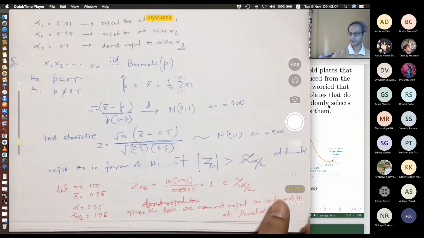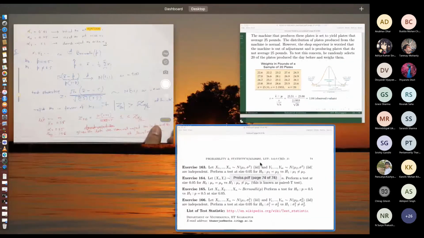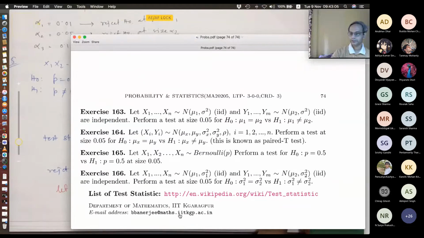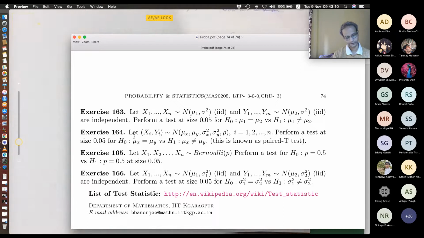Now let us see another problem. This one, let us go 164. And here, when you do large sample, there is a confusion always. People always say that, well, if you take more than 35 observations, it will be a large sample. That is completely nonsense.